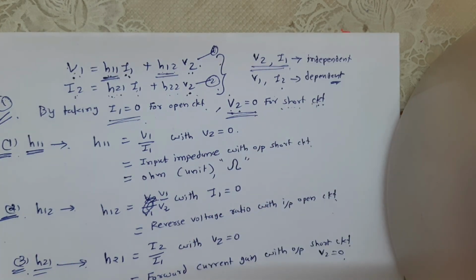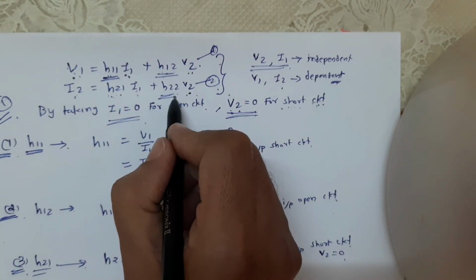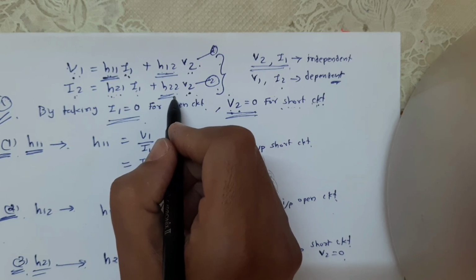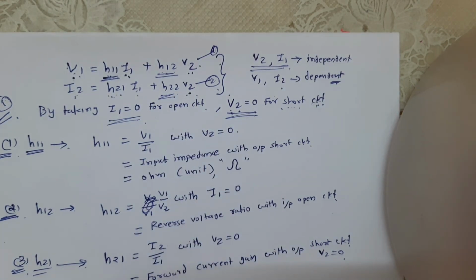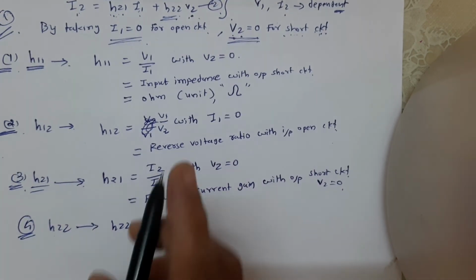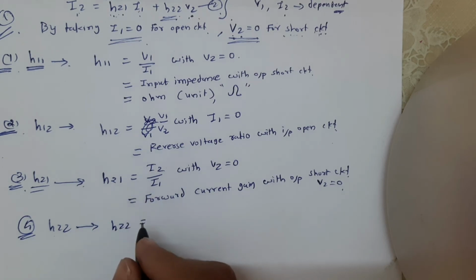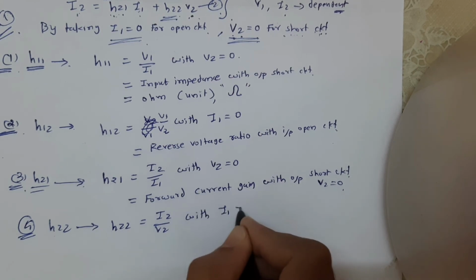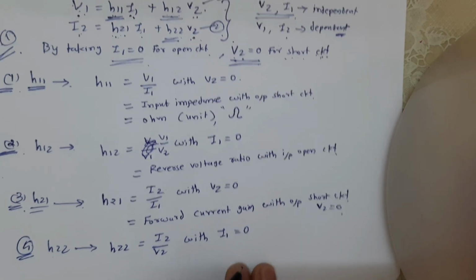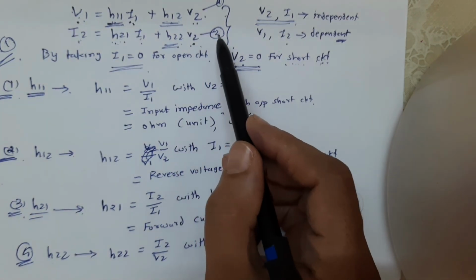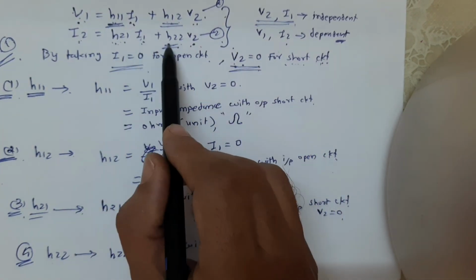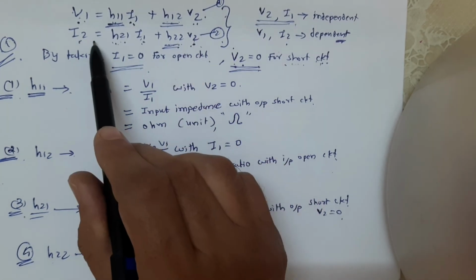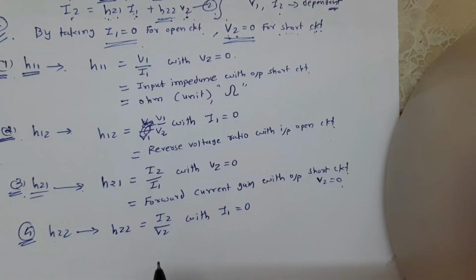The last one, fourth, is H22. Here we are using equation 2 and putting I1 is equal to 0. Then H22 is equal to I2 upon V2 with I1 is equal to 0.